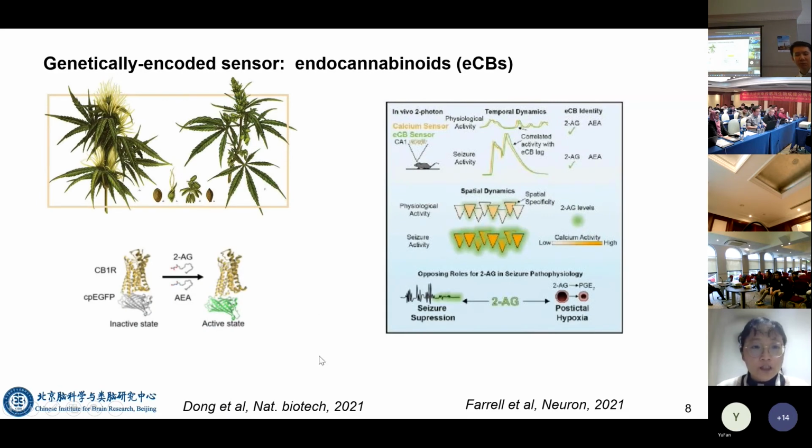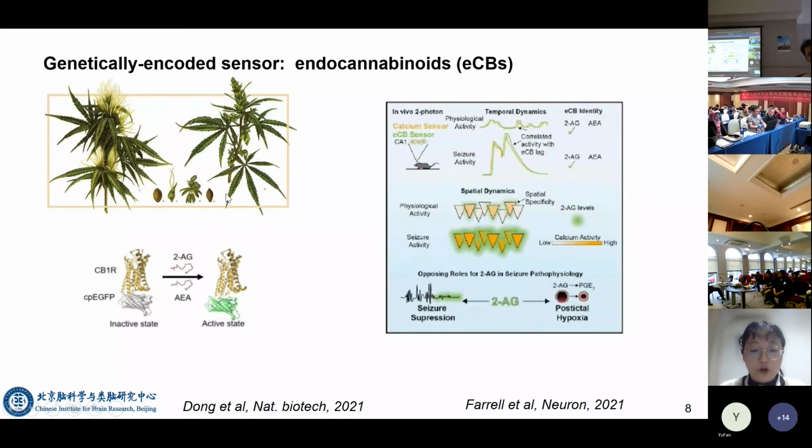And this year they developed another very important sensor for endocannabinoids, ECBs. We know that ECBs are retrograde neuromodulators with important functions in a wide range of physiological processes.